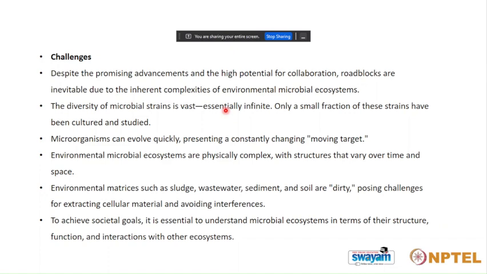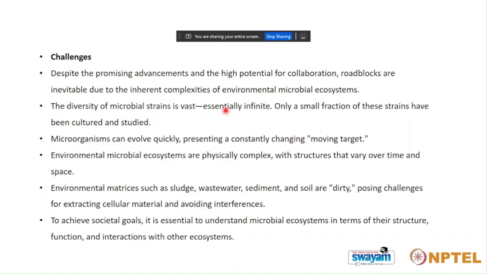Microbes can grow faster, and different microbes can coexist together based on the synergism between the organisms, or they can be separated apart in space based on the antagonism exhibited between the microbial communities. So this complexity creates a challenge for studying the microbial communities.